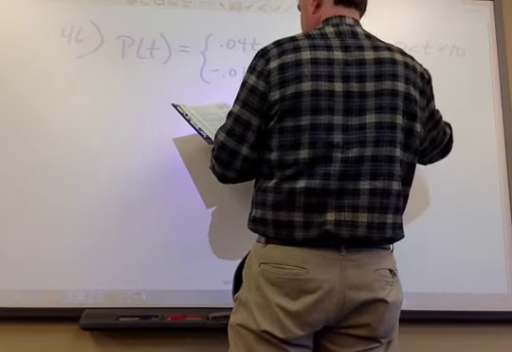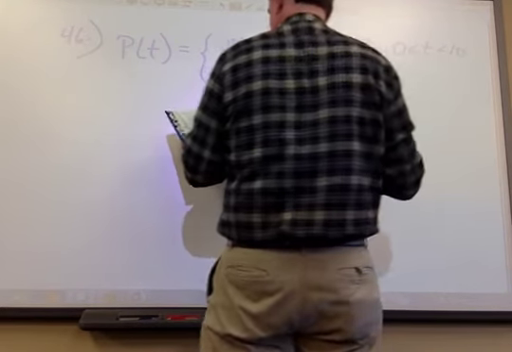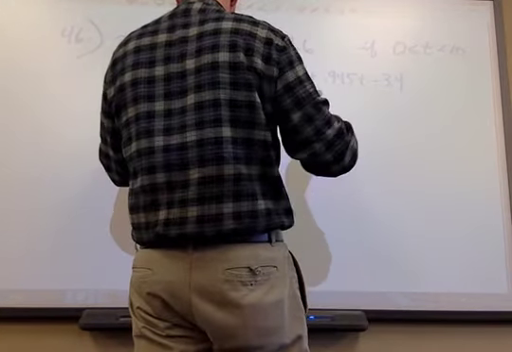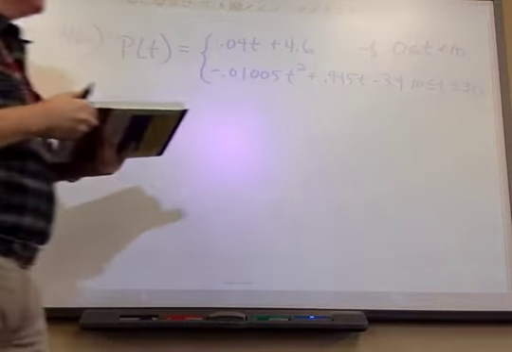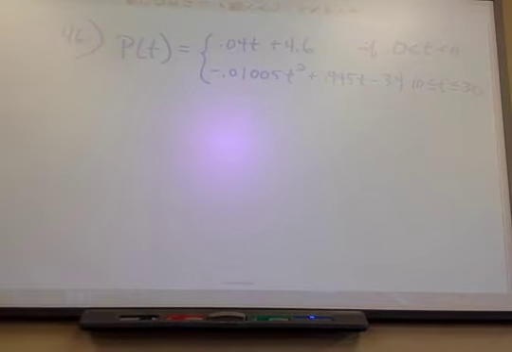And this piece is good for 10 up to 30, including both. Okay. T is in years with t equals 0 being 1970. The first question is, what was the percentage of obese children at the beginning of 1970?